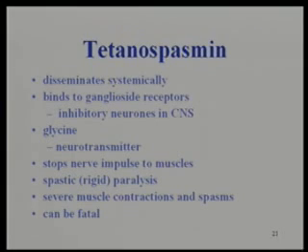Yes, it disseminates systemically, and it binds to receptors, particularly inhibitory neurons in the central nervous system, often where glycine is a neurotransmitter. And it stops nerve impulses to muscles. That's why there's paralysis. The muscles are just not working, which is totally different to the flaccid paralysis that I'm going to talk about in botulism.